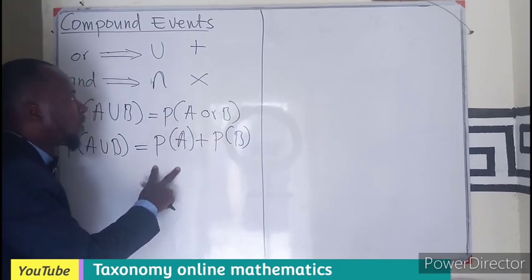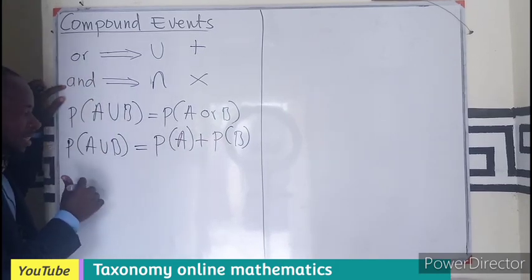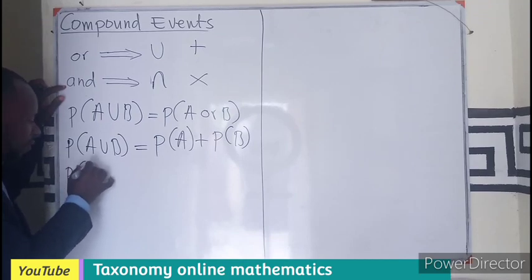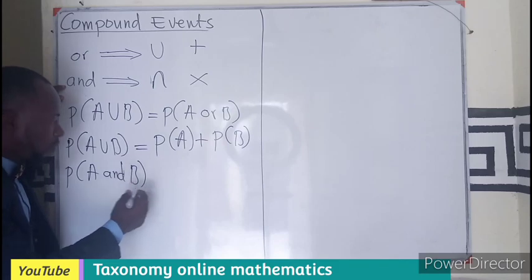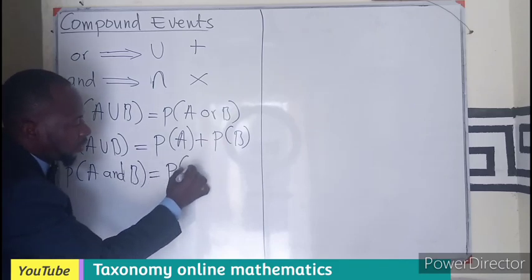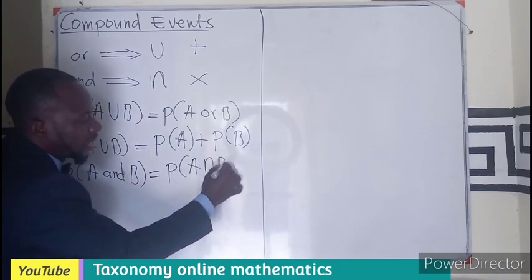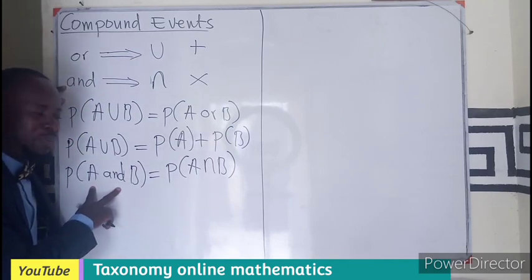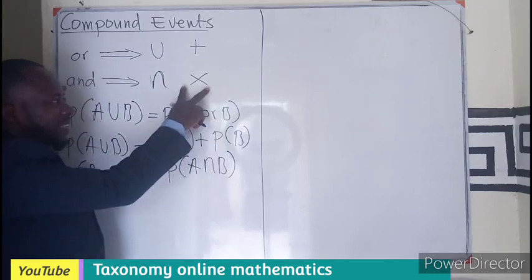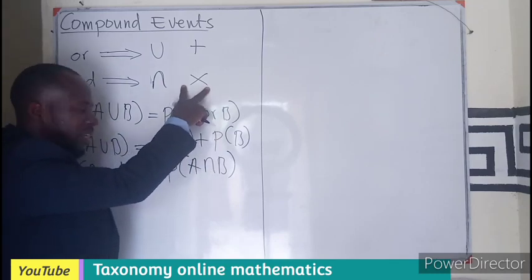All right. In the case of and, it will be the probability of A and B occurring together. So that will be the probability of A intersection B. So A and B means intersection, and we are saying that is under multiplication.